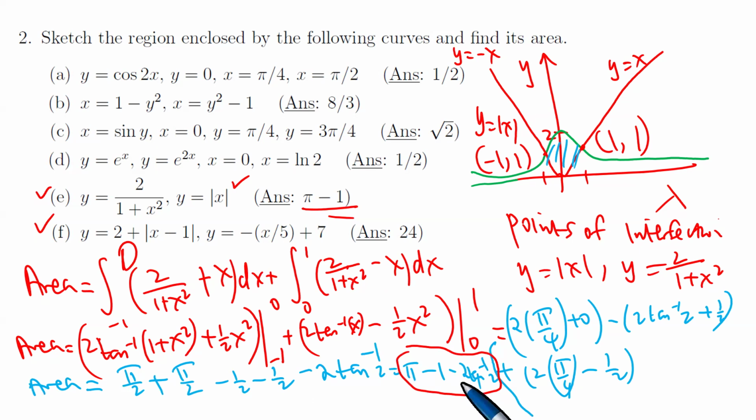I'm going to have the integral from minus 1 to 1, and you'd have the upper curve, which is 2 over 1 plus x squared. Then you have the lower curve, which is the absolute value of x.